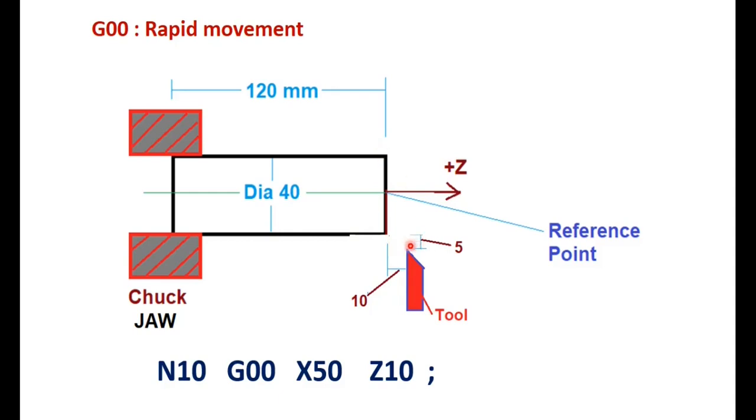It is radially 5 millimeter, so diametrically it is 50. Always remember in turning, X is given diametrically, and Z is your regular value.